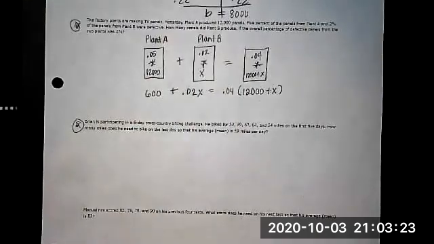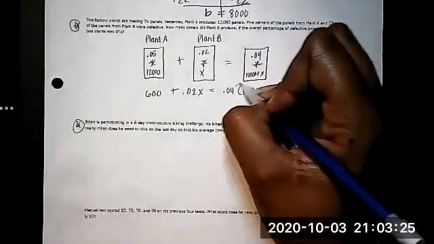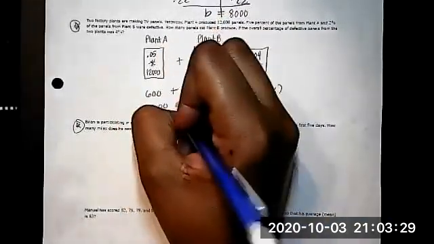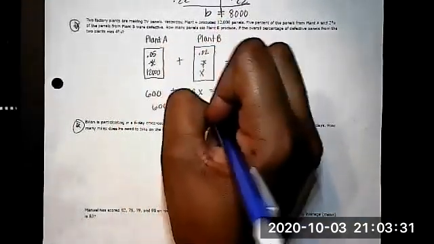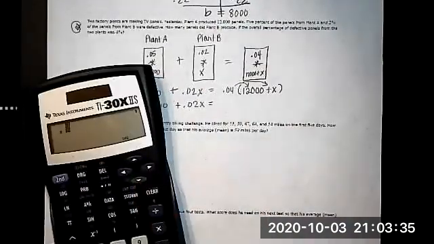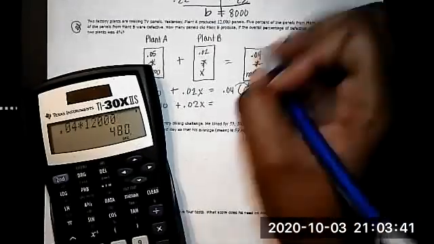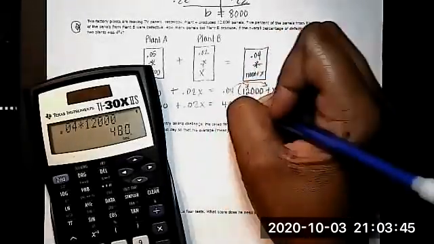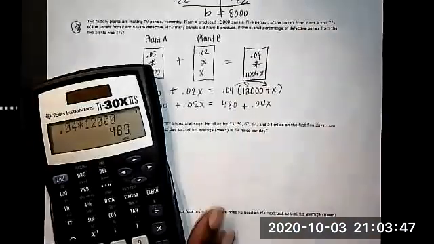Eventually, to solve, I'm going to have to distribute. Okay. 600 plus 0.02x equals 0.04 times 12,000, which is 480, plus 0.04x.